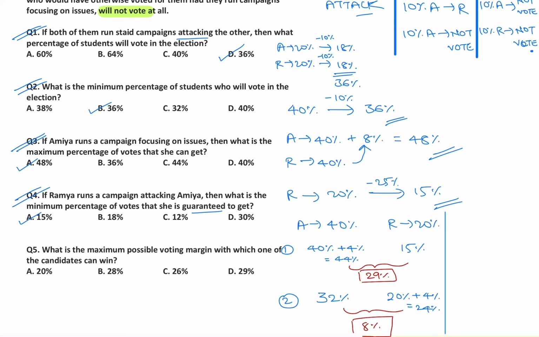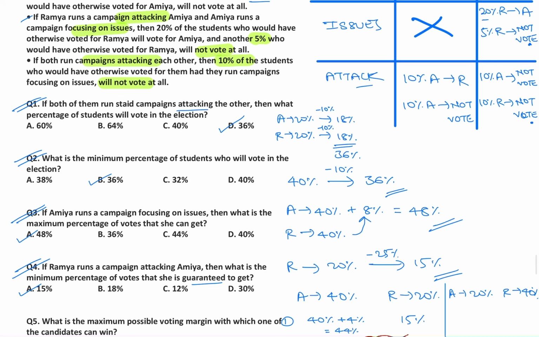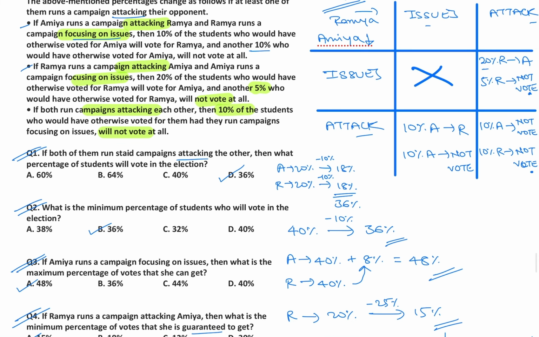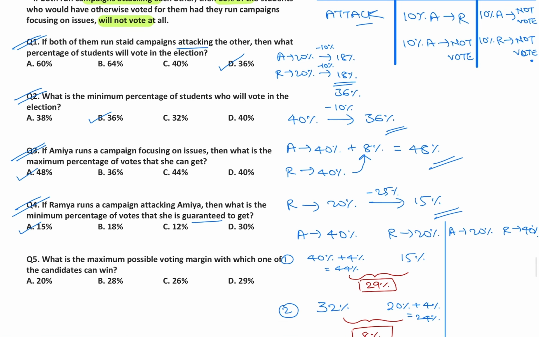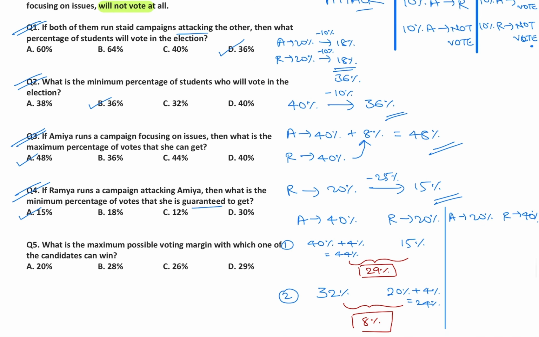The second case is where A is 20% and R is 40%. In this case, if we take Amya focusing on issues and Ramya focusing on attack, 20% of R goes to A. So A is at 20%, and 20% of R goes to A means I'll get 8% here.